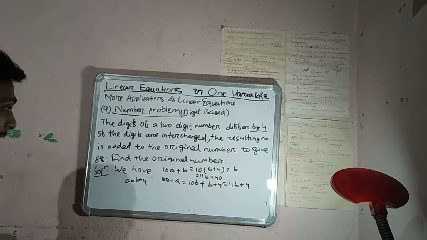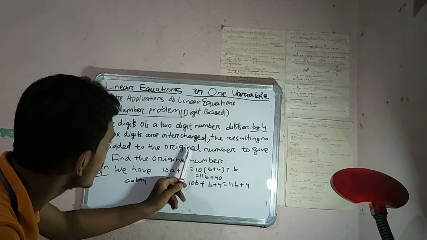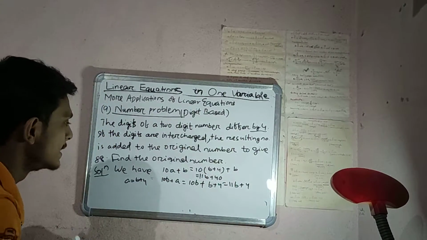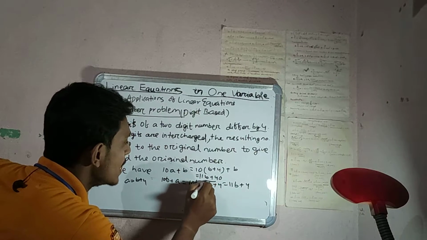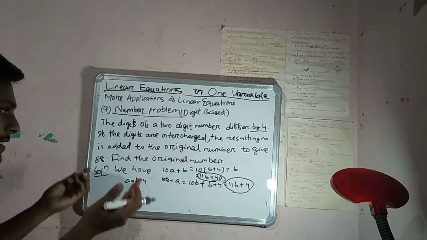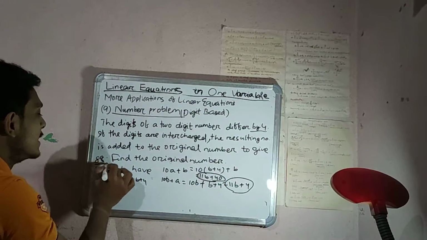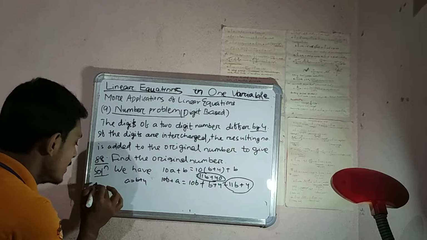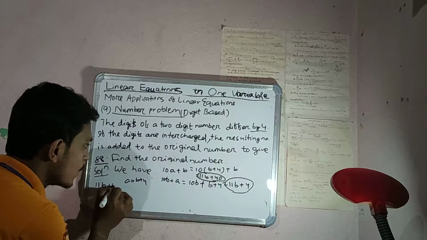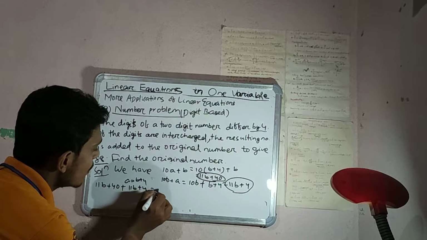But it is given in the question that the resulting number is added to the original number to give 88. This is the original number 11B plus 40, and this is the resultant number after interchanging the digits. So if we add these two, we get 88. According to the question, we can write 11B plus 40 plus 11B plus 4 is equal to 88.